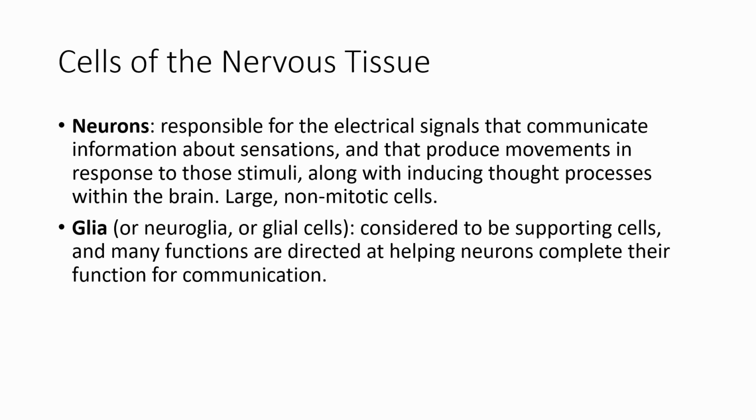It's what we use to produce movement in response to that, to cause glands and body parts to do something. It also is part of your thought process, and you're using these to make sense of what you're hearing right now. These cells are massive in comparison to other cells.